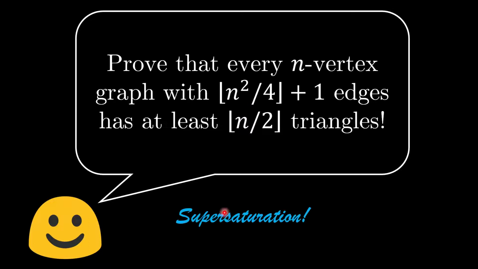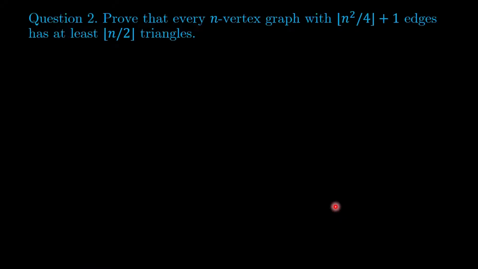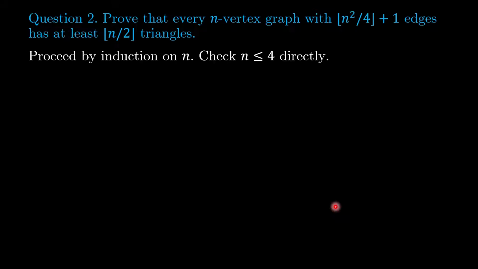So this phenomenon is called supersaturation, and the inspiration for this name comes from chemistry. So here's the question we'd like to prove, and we'll prove it by induction on n. For cases n less than or equal to 4, I'll leave it to the viewer to check directly.